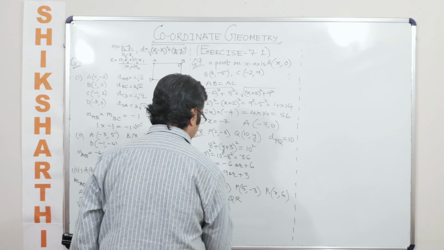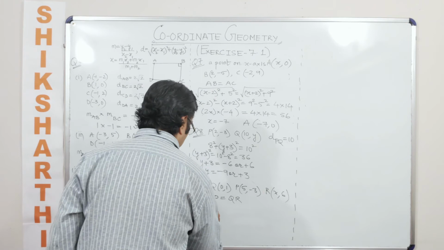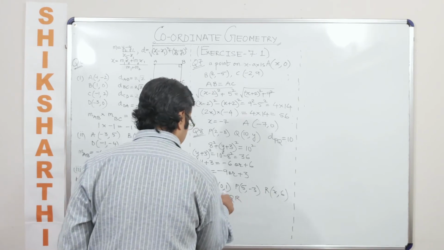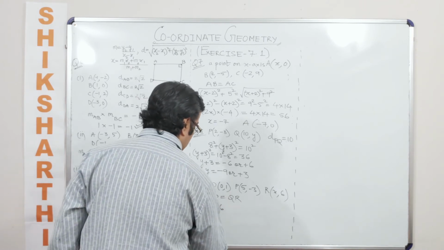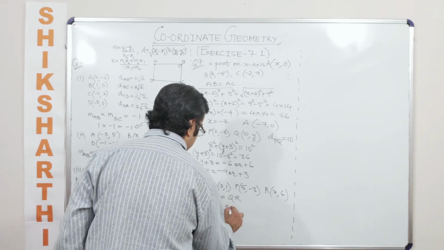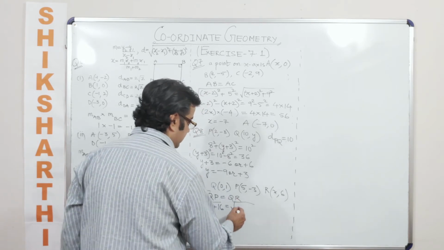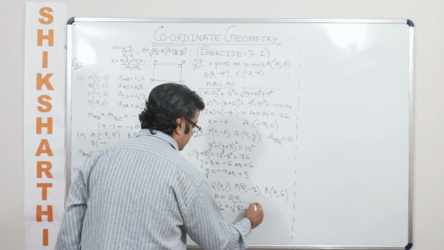Using the distance formula now, can I say 5 minus 0, which is 5 whole square, which is 25, plus minus 3 minus 1, which is minus 4 whole square, 16, under root, is equal to under root of 6 minus 1 minus 3, which is 9 whole square, which is 81, plus x minus 5 whole square.